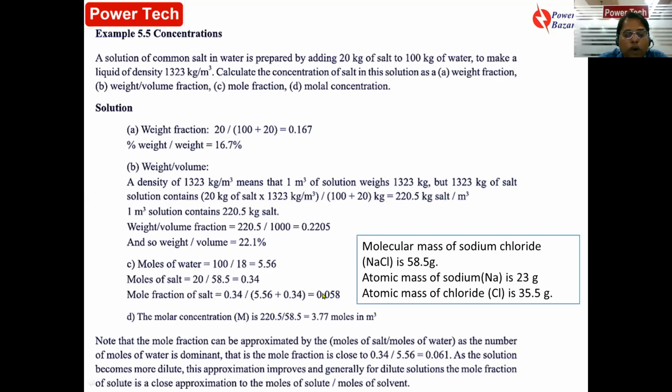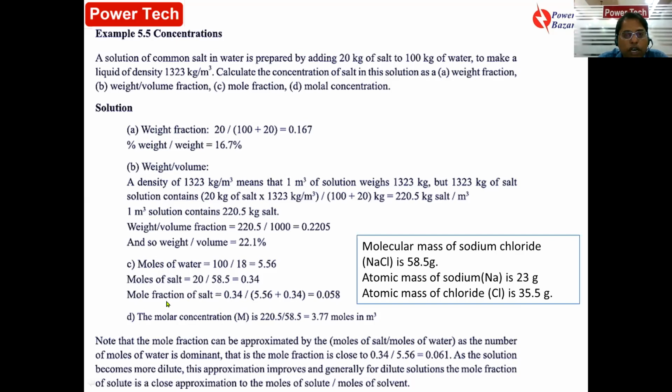The molecular weight is 58.5 gram. So molar concentration becomes 220.5 divided by 58.5, that means 3.77 moles per meter cube. So we can easily find out weight fraction, weight by volume, mole fraction, and molar concentration. This is based on the theories.